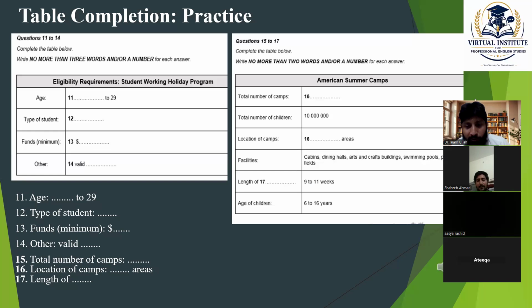I'll be sharing practice material with you that you will be practicing, and if you have any questions, you can ask, right? Throughout the classes till the end of the session, till the end of the month. And the next week, inshallah, we'll be dealing with the reading part, right? So if you have any questions after the whole classes, you can always approach me. That's not a problem.